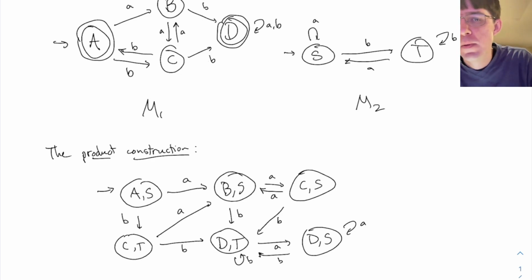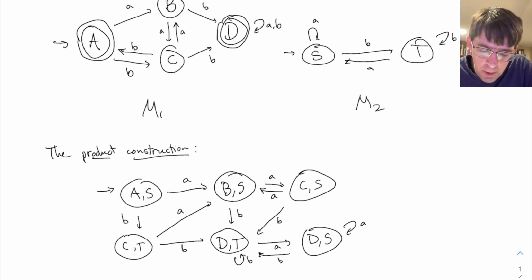All right. We're not totally completely done. There is one more thing: you need to indicate the starting state, but I already did that. The starting state in the product is always the pair of the two original starting states. And then you also need to indicate the accepting states. What are the accepting states?